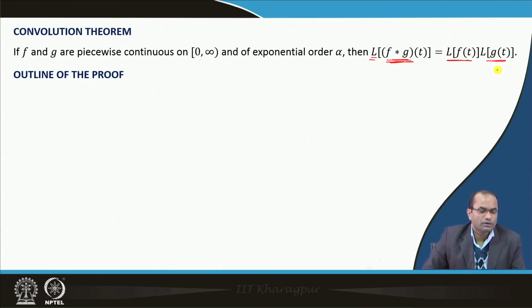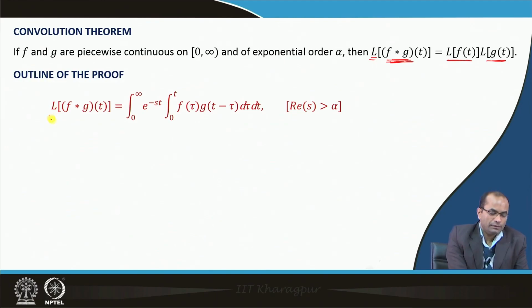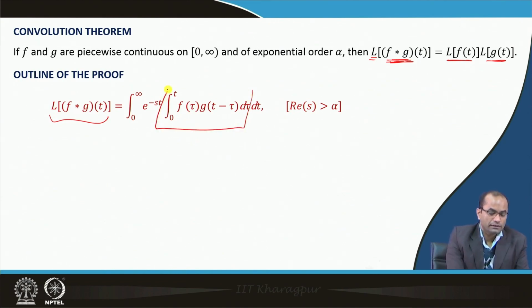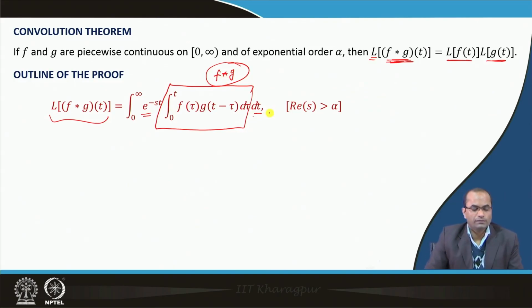Just to give some outline of the proof here, we will start with the Laplace of f star g. By the definition, this is exactly the convolution f star g, and we have taken the Laplace transform, so e power minus s t and dt will come with this integral 0 to infinity.